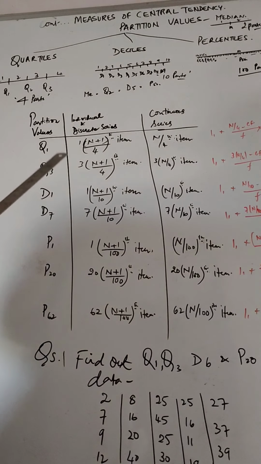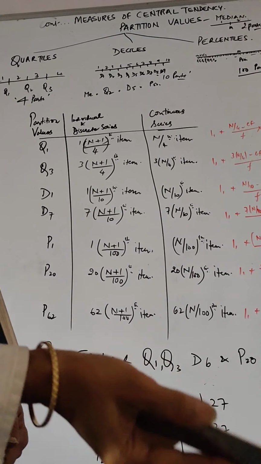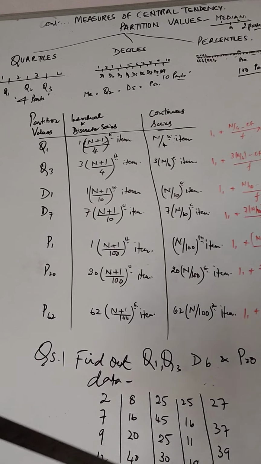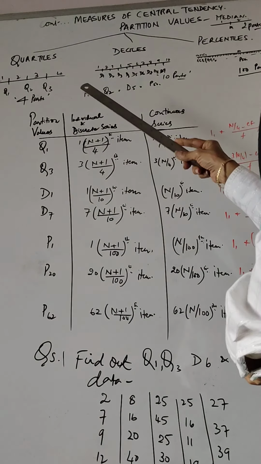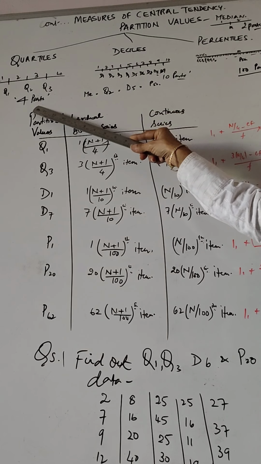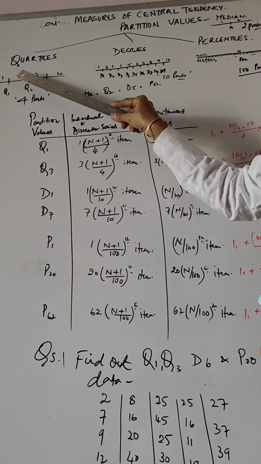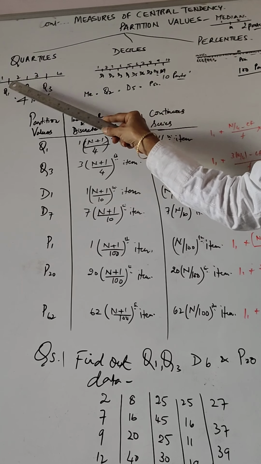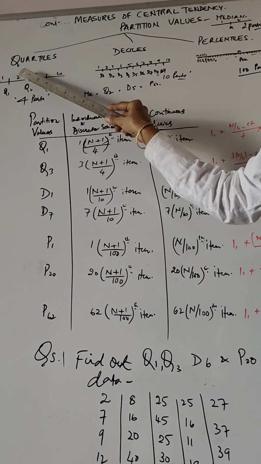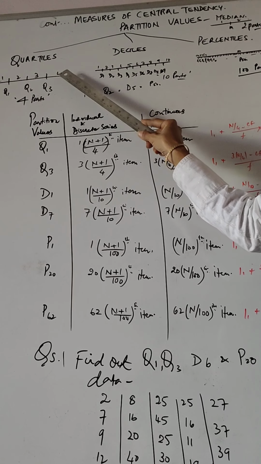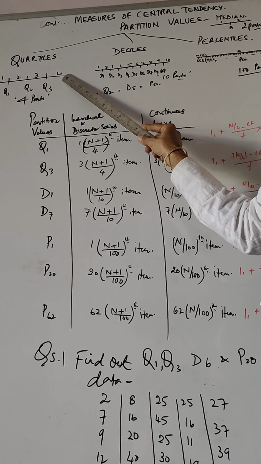I don't know if it is so important for you in the syllabus, but still one should know about it. So quartiles, four parts, Q1, Q2, Q3. When you divide a series into three parts, you get three places and four parts.